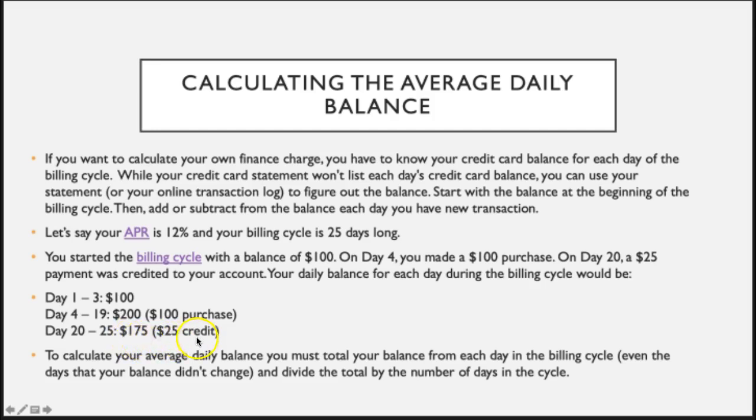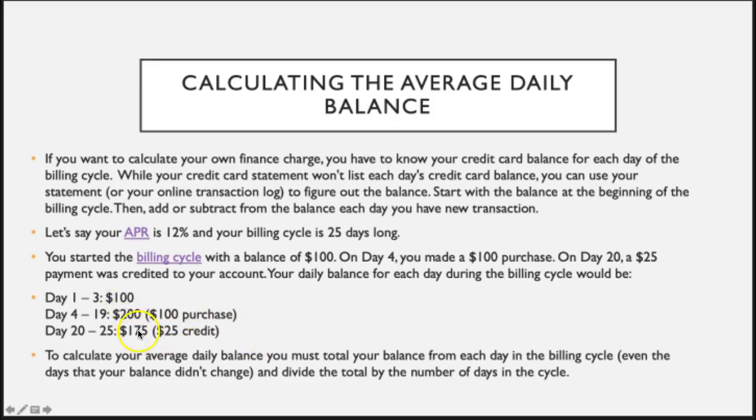So that's explaining why the balance changed from $200 to $175: the $25 credit. That happened on day 20. We also know that the billing cycle is 25 days long. So from day 20 to 25, there is a $175 balance, meaning that is how much you owe the credit card company.